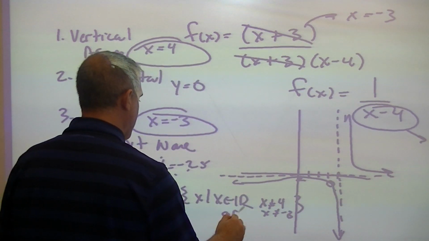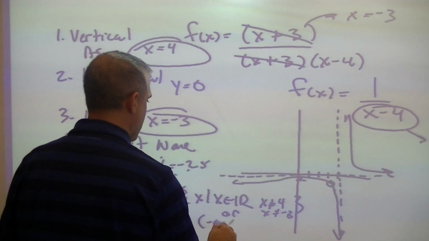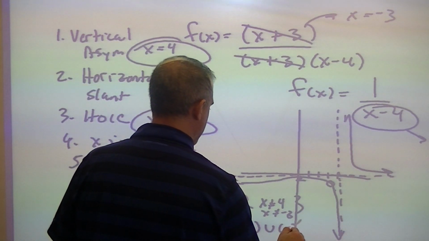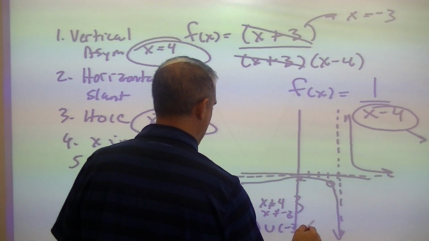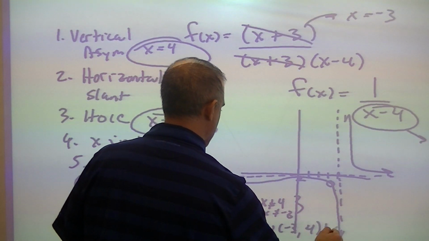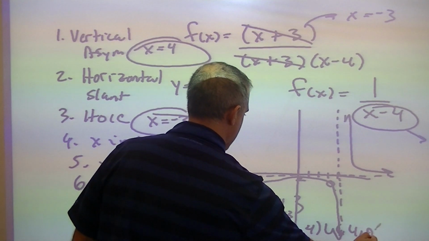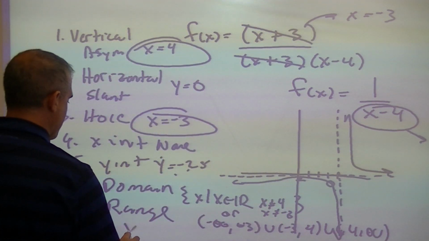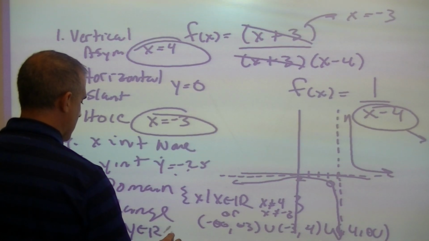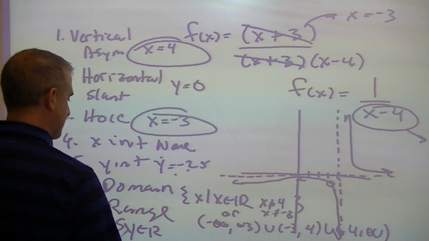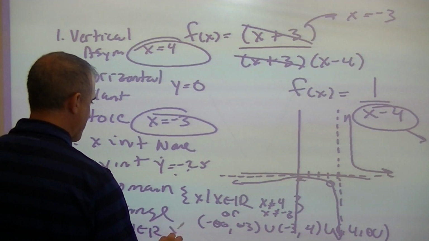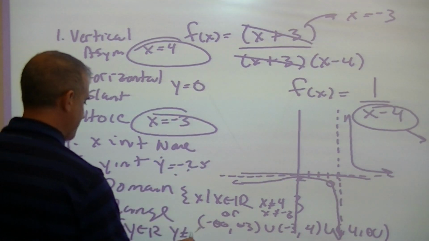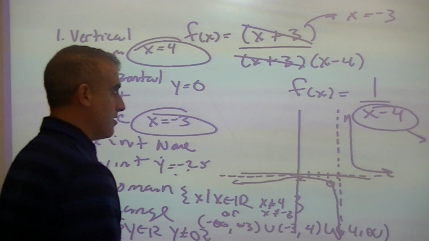Another way is negative infinity to -3, union -3 to 4, union 4 to infinity. This might be the easier way to do that. The range is going to be all real numbers, except y can't be 0, where my horizontal asymptote is. Okay?